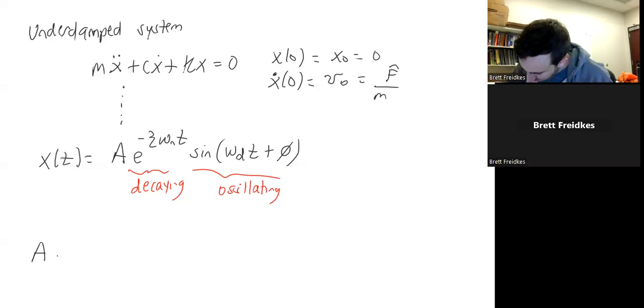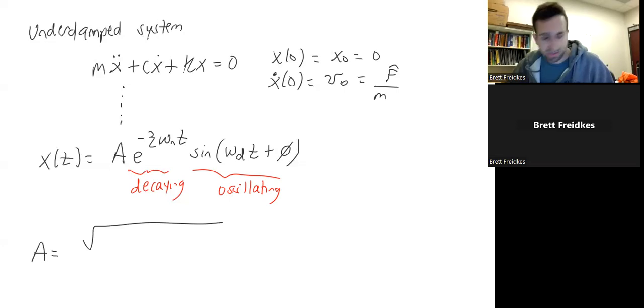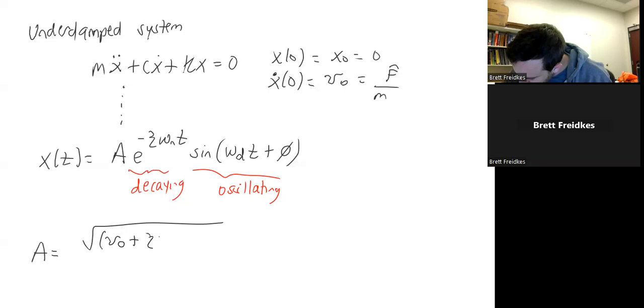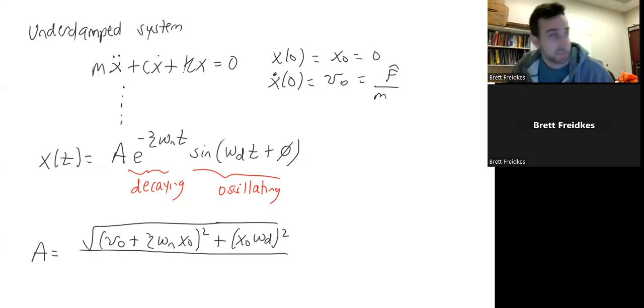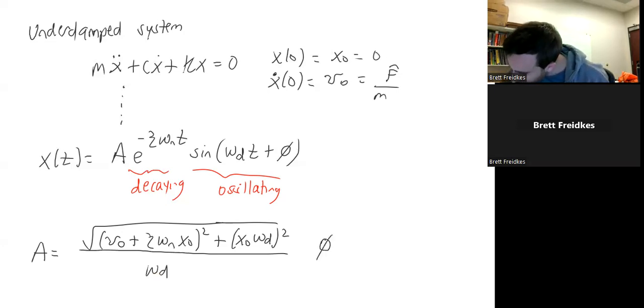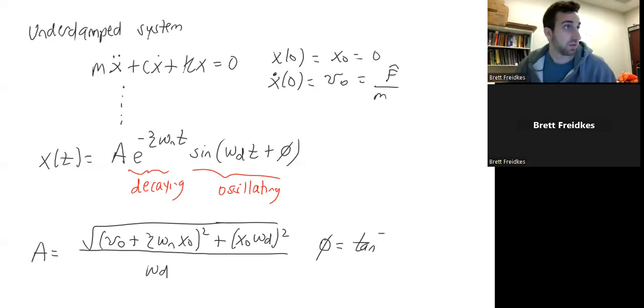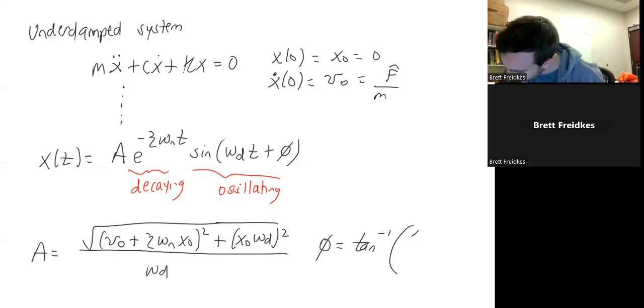So the amplitude, and this is derived in an earlier note set, is something like the square root of v naught plus zeta omega n x naught, squared, plus x naught omega d, squared, all divided by omega d, and our phase ends up being the arctangent of x naught omega d, all over v naught plus x naught zeta omega n.